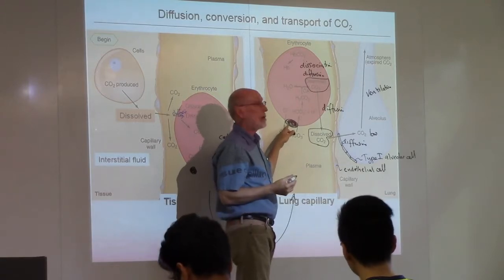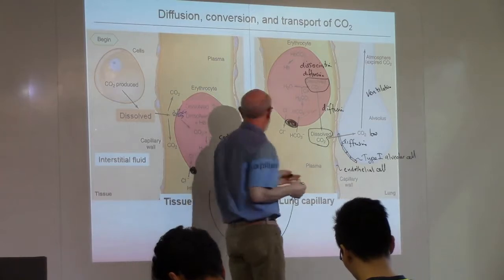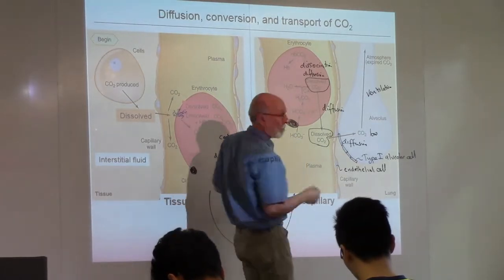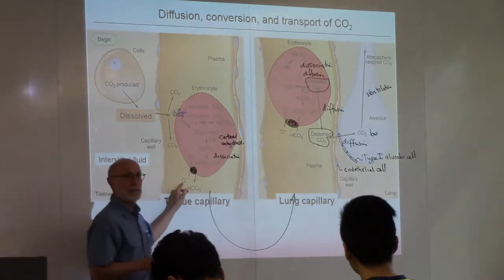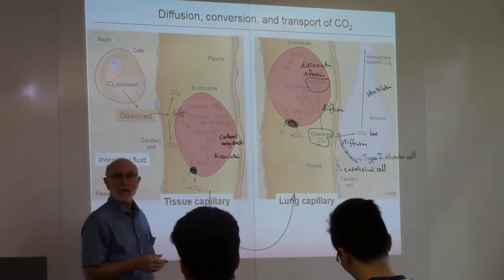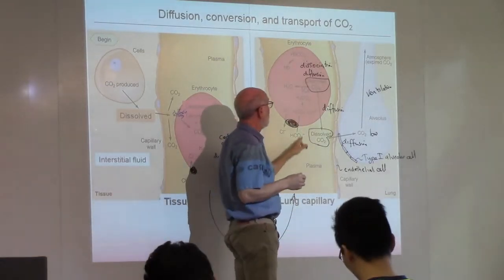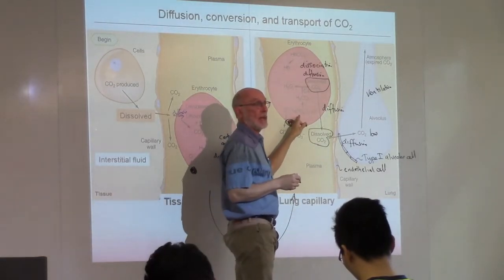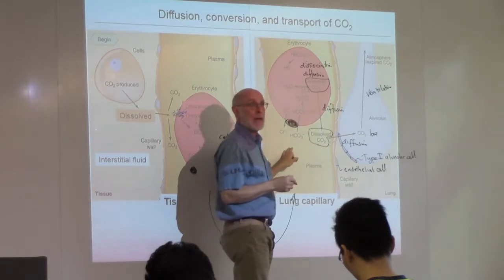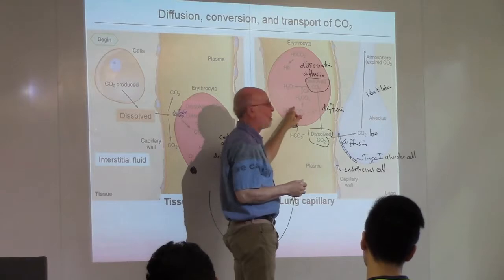It's the chloride bicarbonate exchanger, running in the reverse direction from the way we had it over here. All exchangers can run in both directions. And so now we have it running where bicarbonate is moving down its concentration gradient from plasma to cytoplasm.